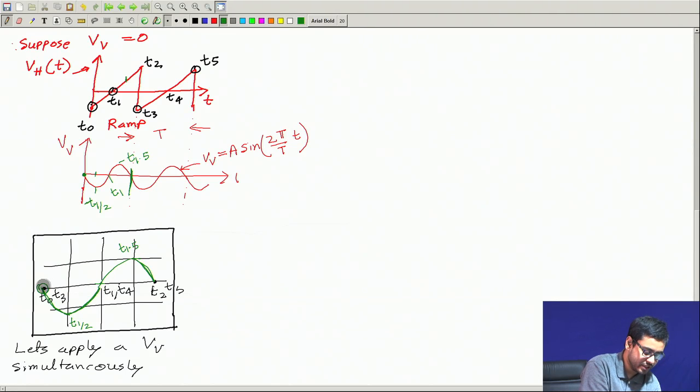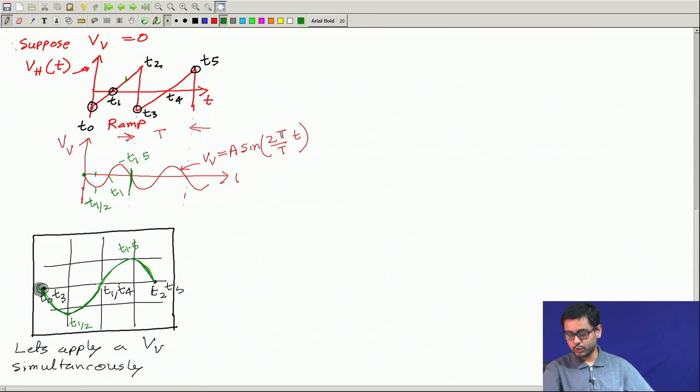So, the electron will remain on this middle line, but this voltage is becoming suddenly negative. So, the electron beam will come immediately back to here, and then it will trace the same path again and then come immediately back here, and then again this sine wave and so on.